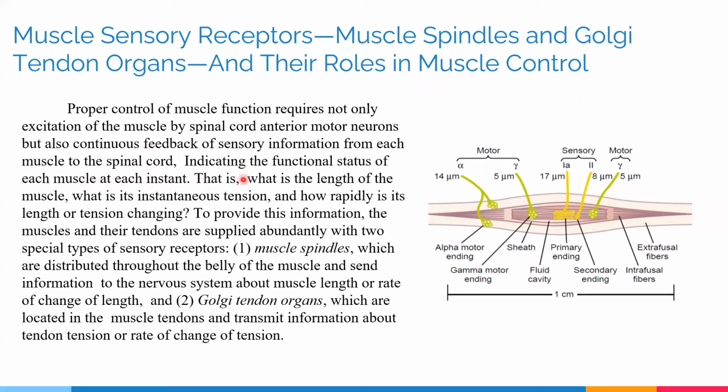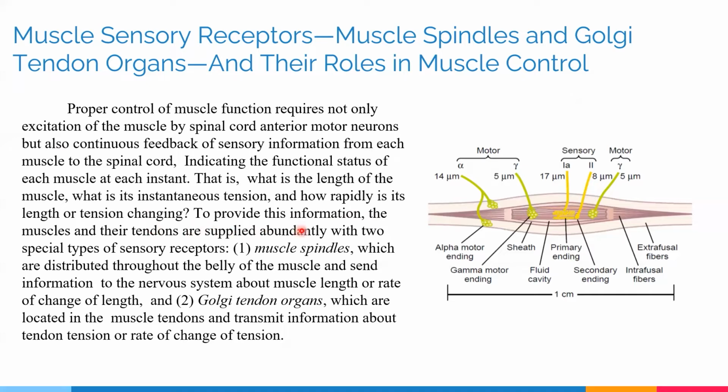This indicates the functional status of each muscle at each instant. That is, what is the length of the muscle, what is its instantaneous tension, and how rapidly is its length or tension changing.